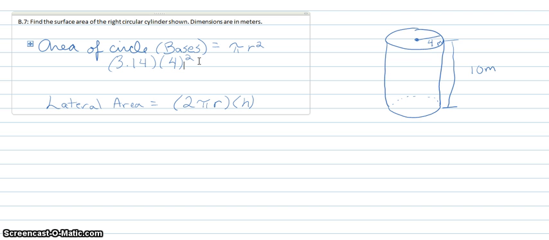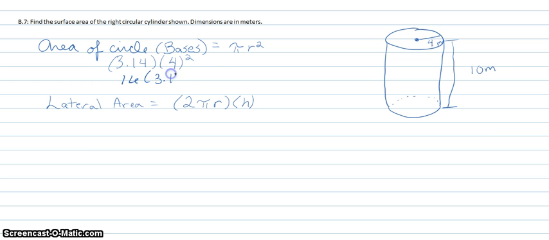So we'll have 16 times 3.14, which is 50.24. And again, since there are 2, we're going to be multiplying that answer by 2. Which equals 148. And it's in meters, so meters squared.